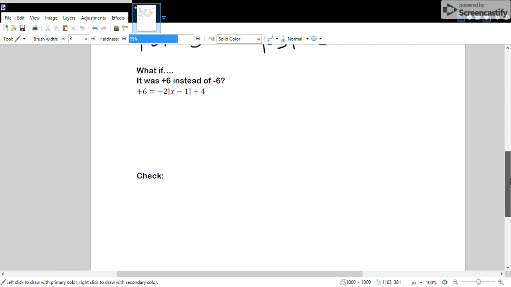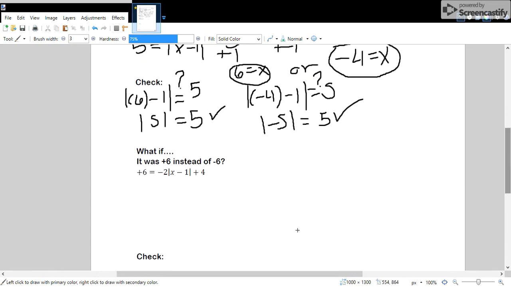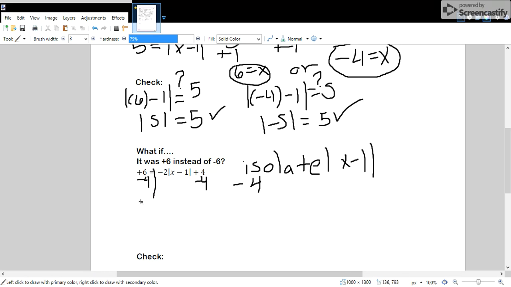Now, what if it was a positive 6 instead of a -6? Let's find out. We'll do the same steps. We're going to isolate the absolute value of x minus 1. So let's do that. The first step, you want to subtract 4 from both sides of the equal sign. 4 minus 4 is 0. 6 minus 4 is 2.